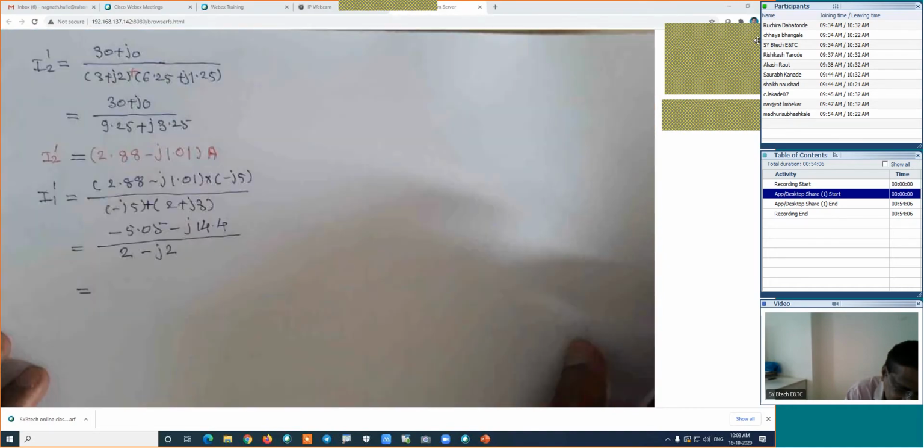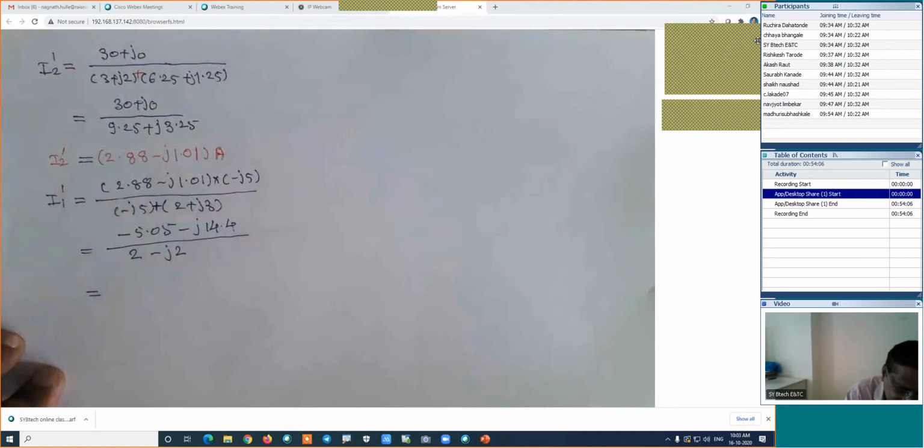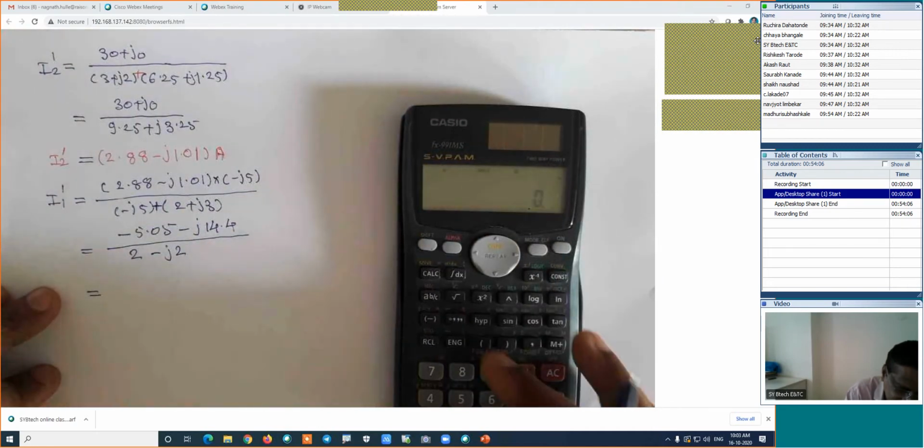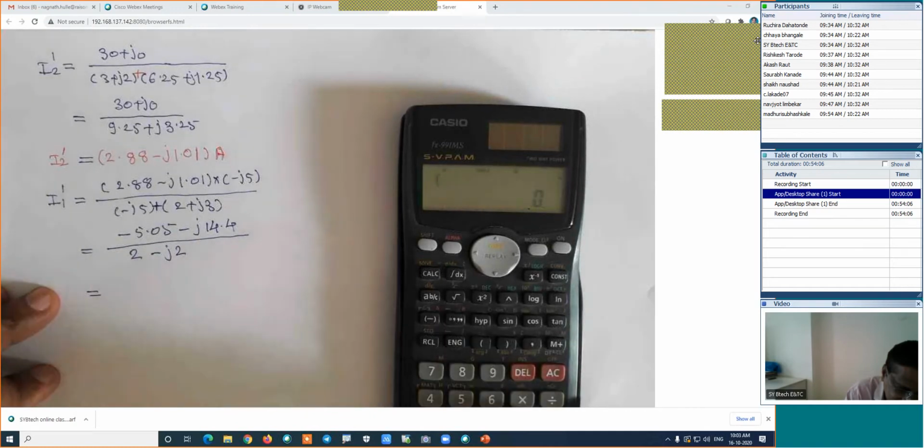Now, division of these two: start bracket minus 5.05 minus j14.4 close bracket divided by start bracket 2 minus j2 close bracket is equal to.